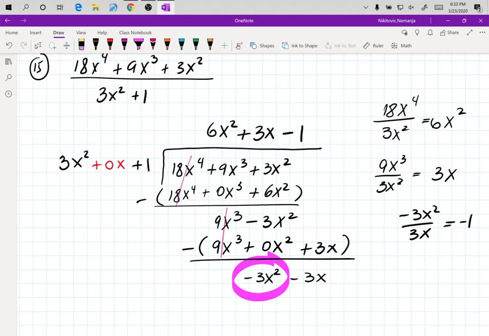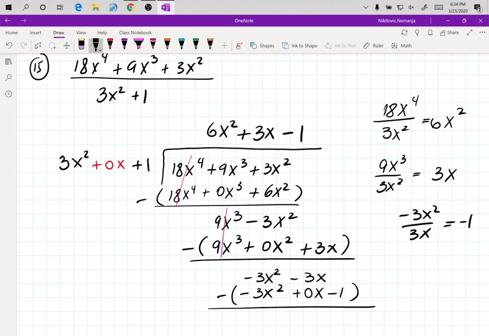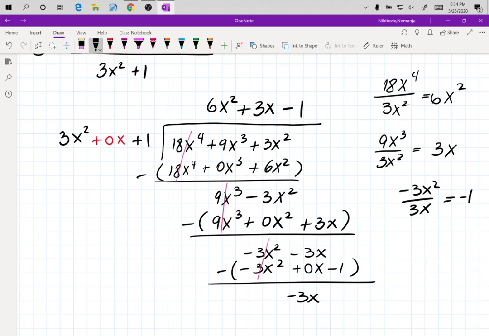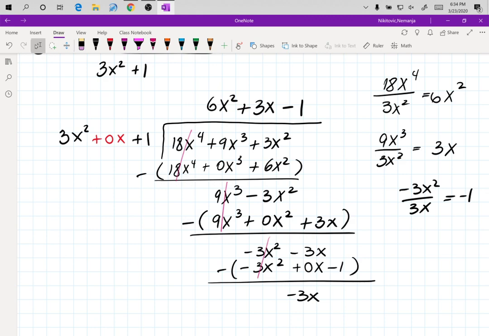Okay, so now multiply back. Negative 1 times 3x squared is negative 3x squared. Negative 1 times 0x is still 0x. And then minus 1 at the end, and we subtract. These guys cancel. Then we have our negative 3x minus 0 is still negative 3x.